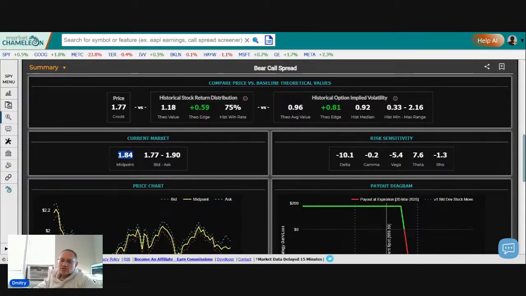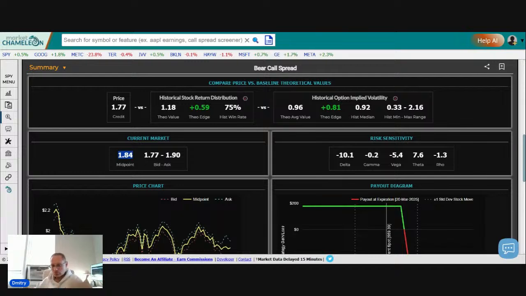Even at 184, you still have a 7-cent potential improvement there. Something to keep in mind, maybe even get higher than midpoint. If there's demand to buy these spreads, you might be able to get 185, 186. It's important to look at that and understand that in your trade, and think of it in percentage terms.